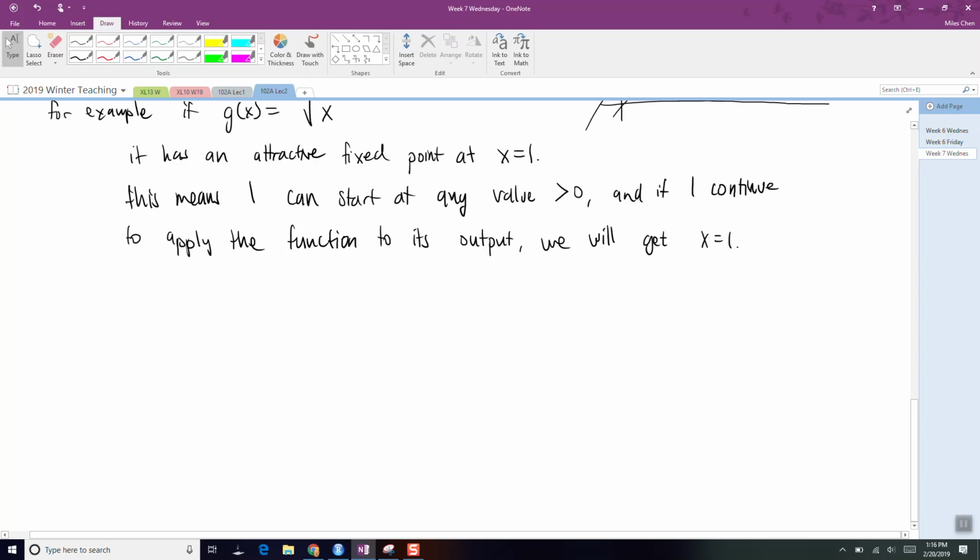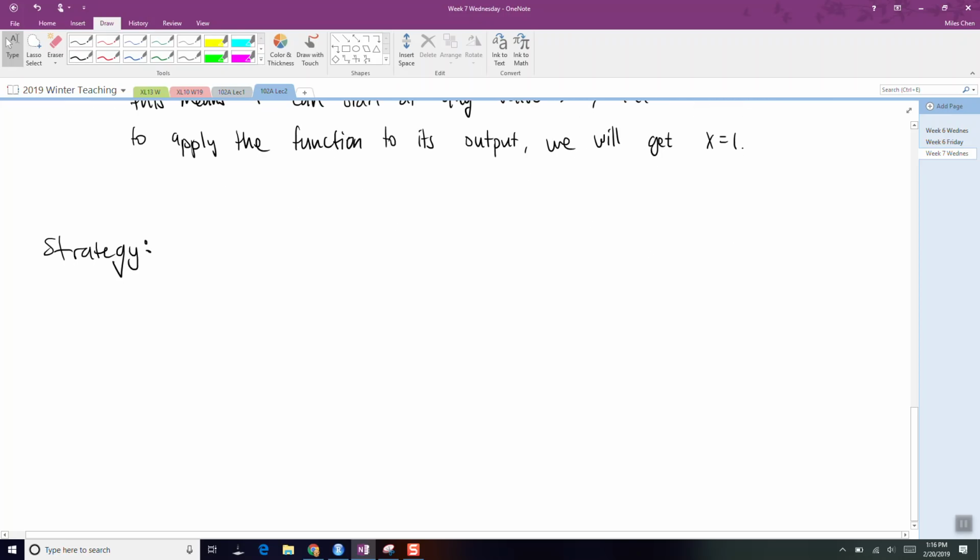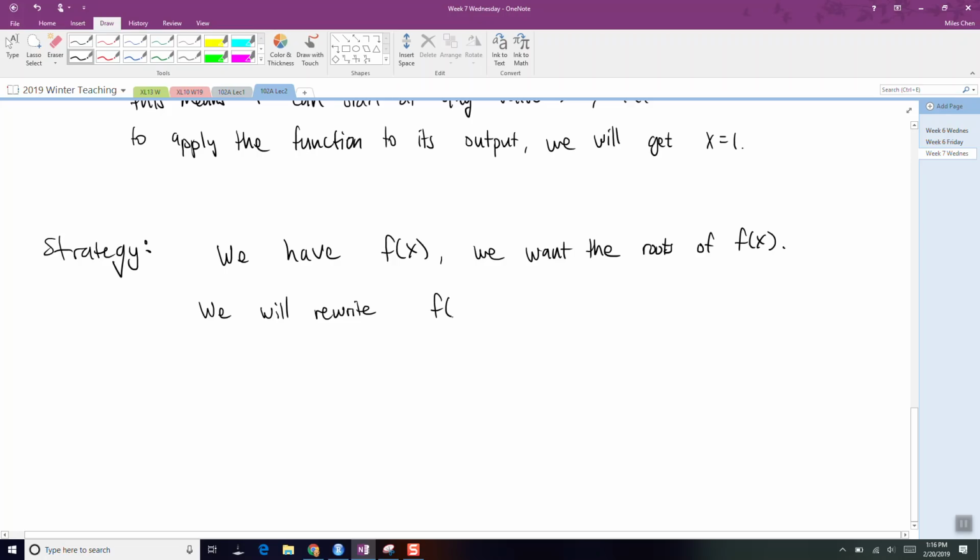Okay, so here's our strategy. We have f of x, and we want the roots of f of x, okay? So what we will do is rewrite f of x equal to 0 into the form g of x equal to x, okay?